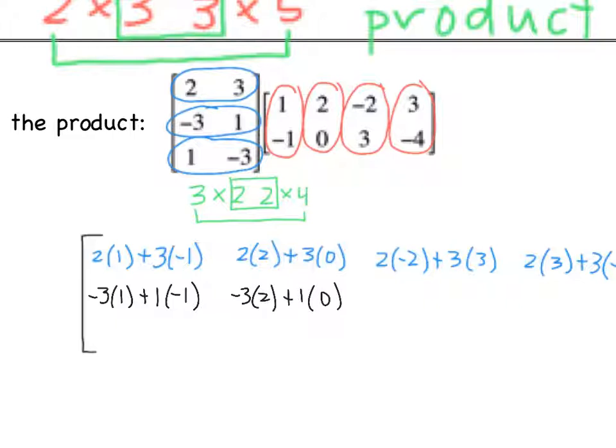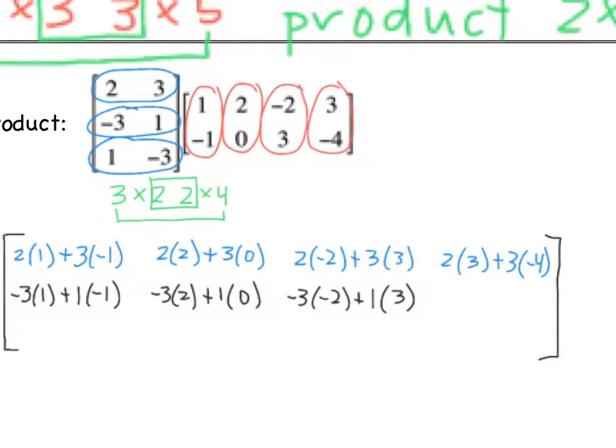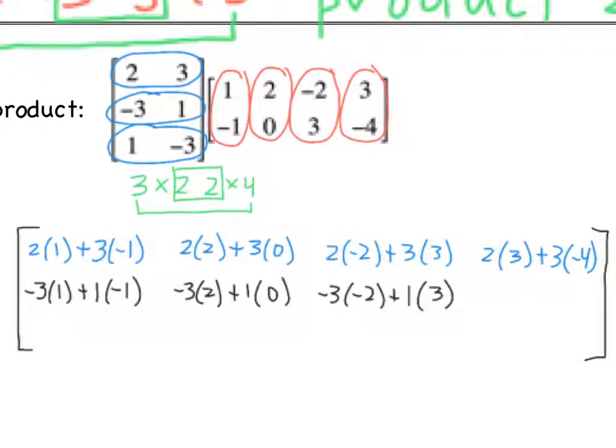Row 2 times column 3: negative 3 times negative 2 plus 1 times 3. And finally, row 2 times the fourth column: negative 3 times 3 plus 1 times negative 4.